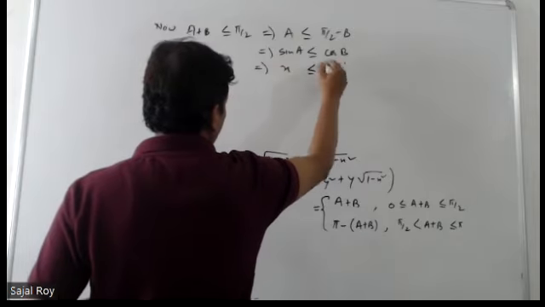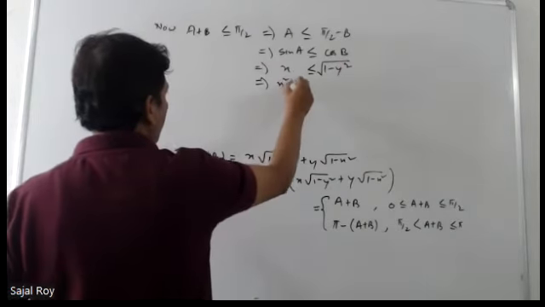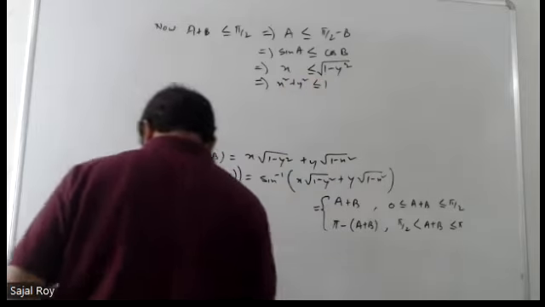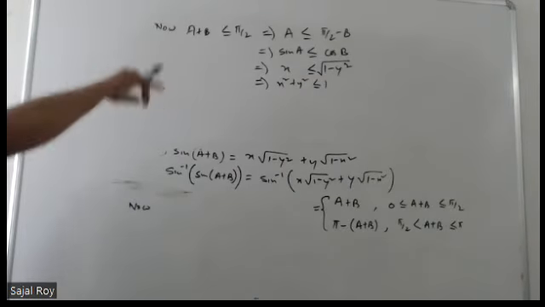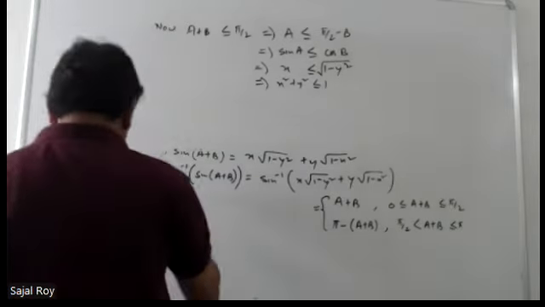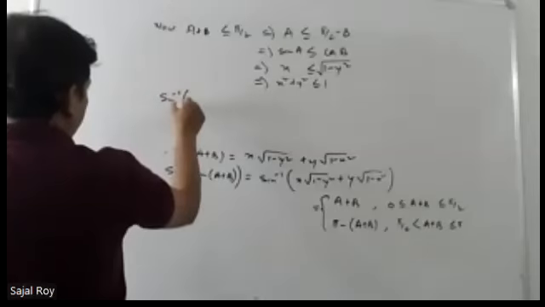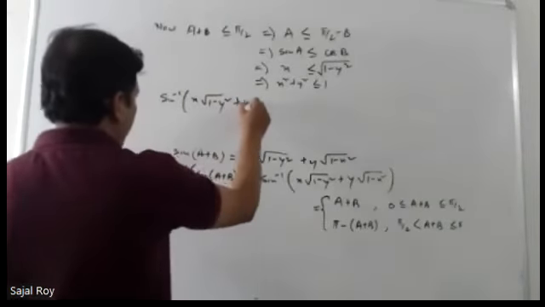Root over 1 minus y square, right? So you have x square plus y square less than or equal to 1. Tell me, is that clear? So why is the relation there, x square plus y square less than or equal to 1? Because of this relation.